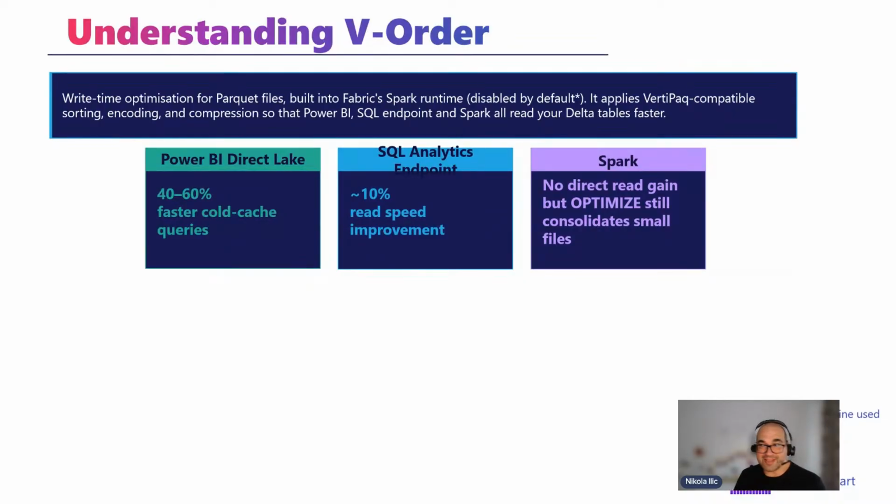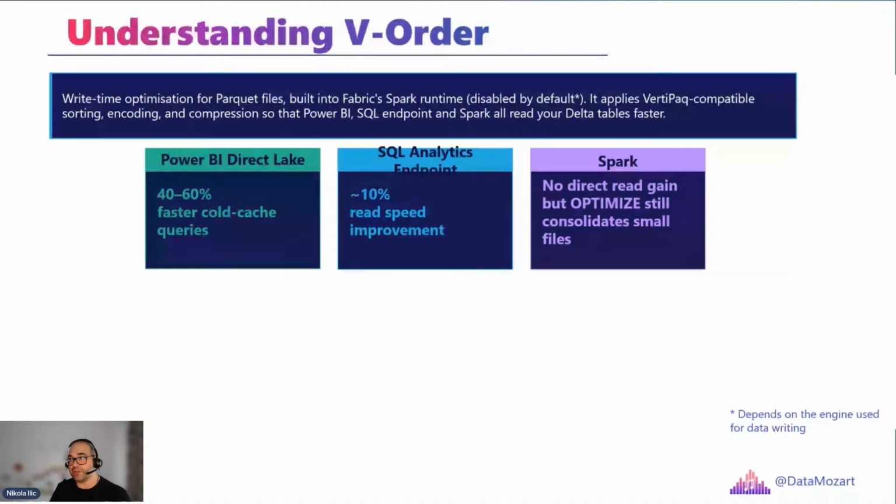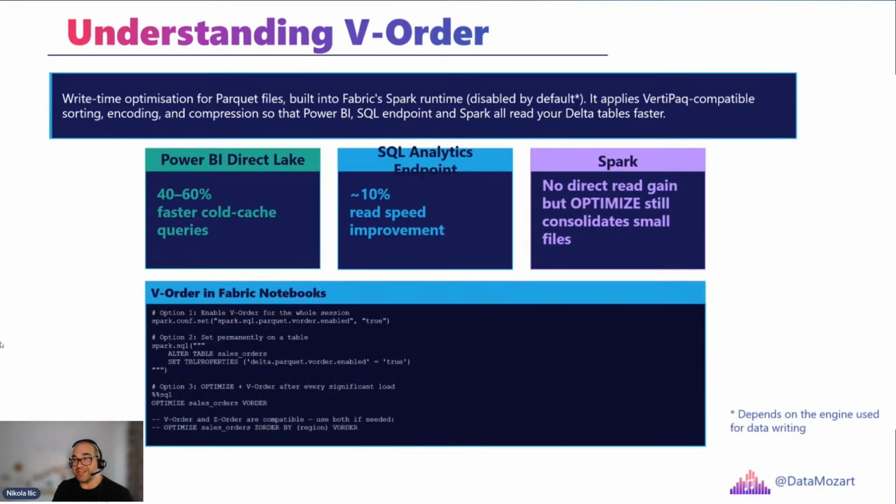Spark itself doesn't directly benefit from V-order encoding, but the optimize command that I will show you next will help in consolidating smaller files. What is important to know, V-order is disabled by default in Fabric workspaces created after April 2025. I know it sounds like the beginning of some strange horror movie, but that's how Microsoft decided all of a sudden last year in April.